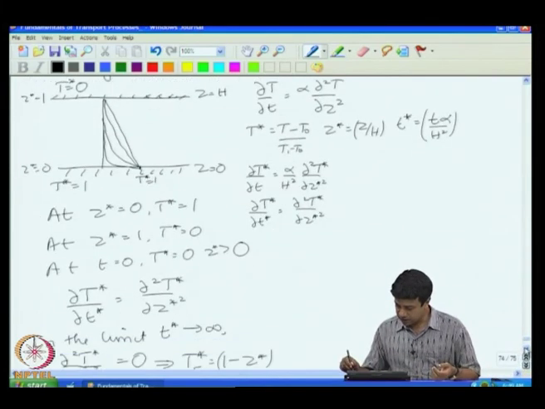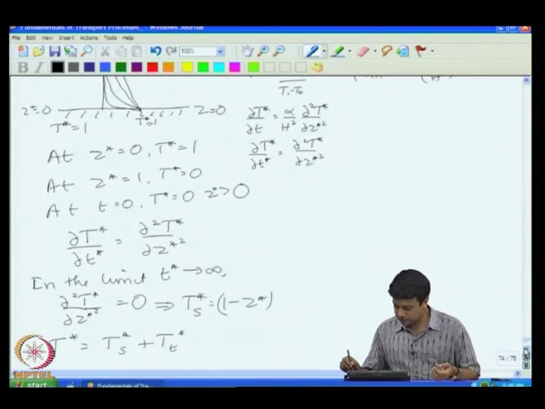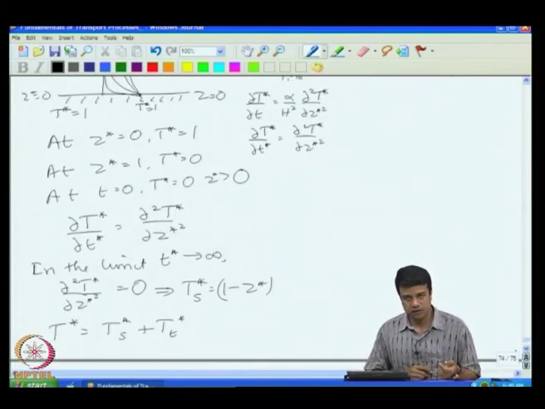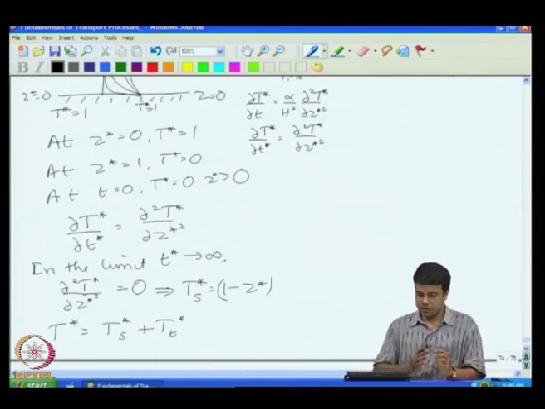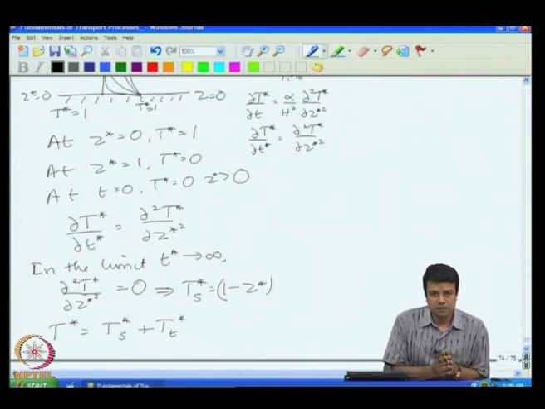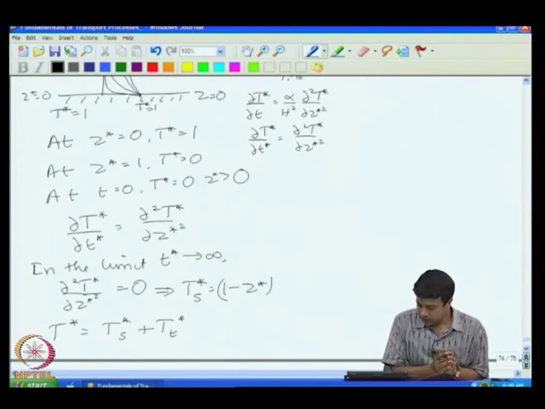Once you have done that, you have to write differential equations for the steady and transient part separately. Secondly, you have to also write boundary conditions for the steady and transient parts separately. So, how to write the differential equations, how to write the boundary conditions, and how to solve them will be the subject of the next lecture.